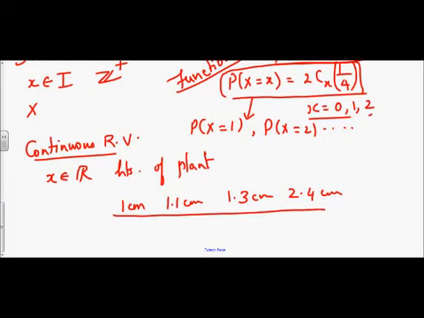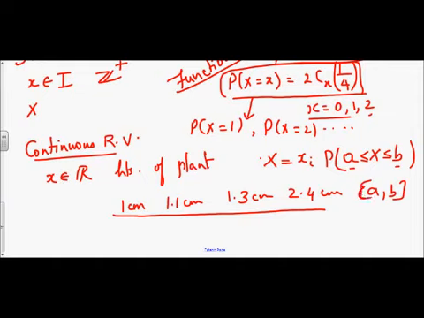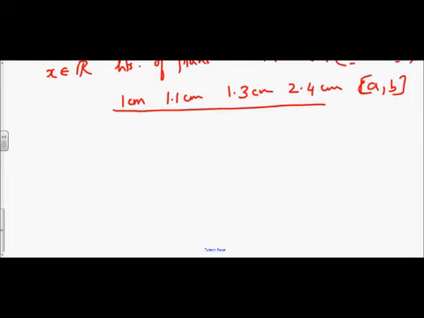So in continuous random variable cases, you won't say x is equal to something, but rather that it is between two values. You'll be finding the probability of the random variable between 2 points, which means it's in the interval a comma b, either closed or open. We'll be discussing all these things soon. Let's continue with discrete for some more time, and we'll come to continuous random variable a little later.